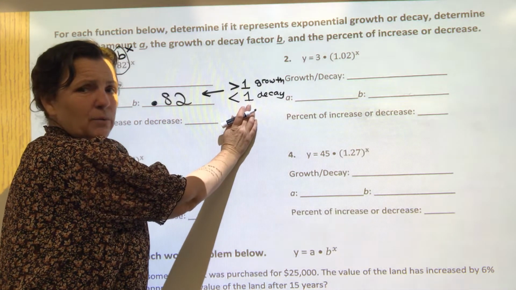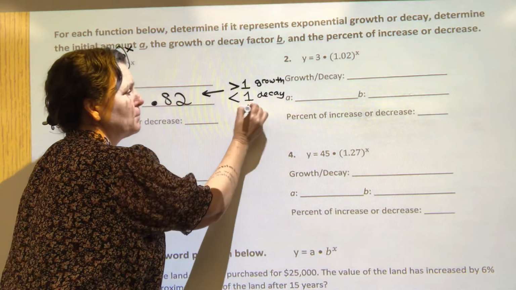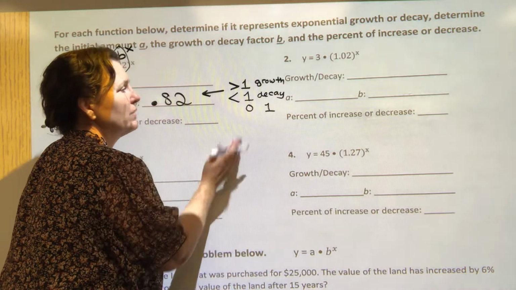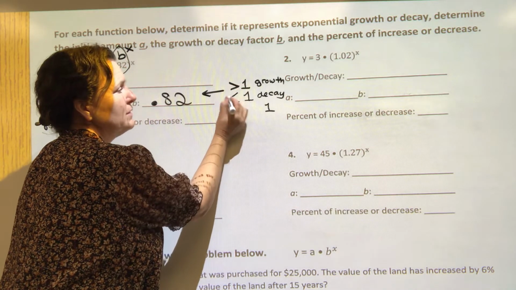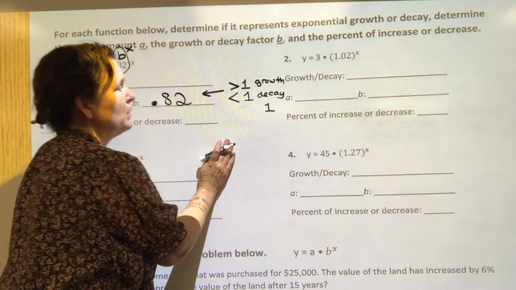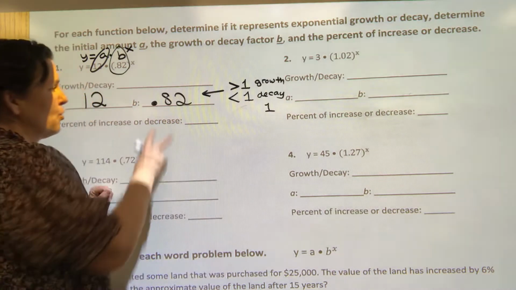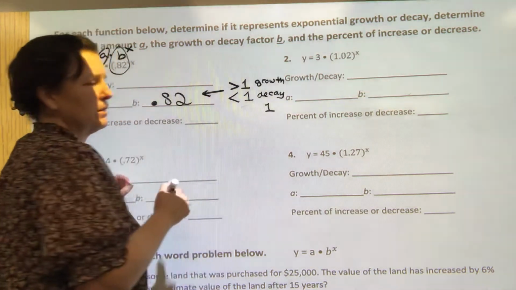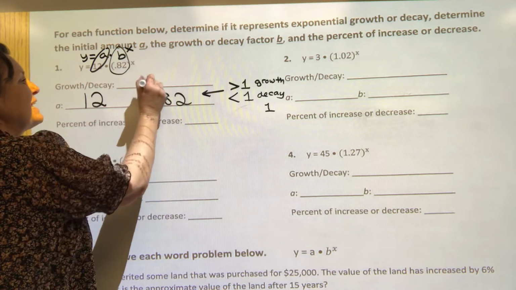You can't have 0 anywhere. That wouldn't make sense. So decay has to be literally a number between 0 and 1. This is a greater than symbol. This is a less than symbol. So is 82 cents bigger than $1, or is 82 cents less than $1? It's less than $1. So this is a decay problem.